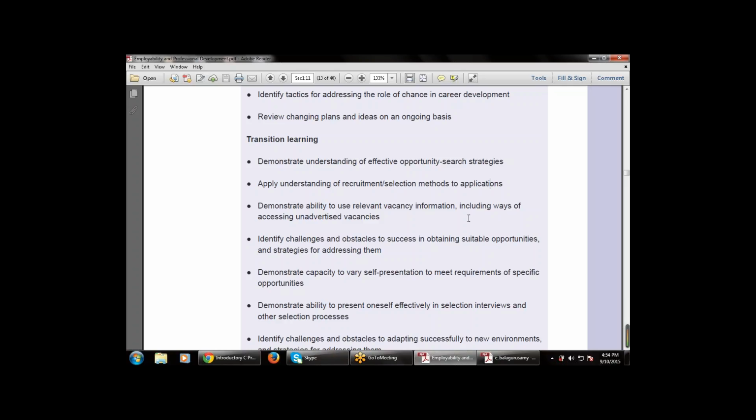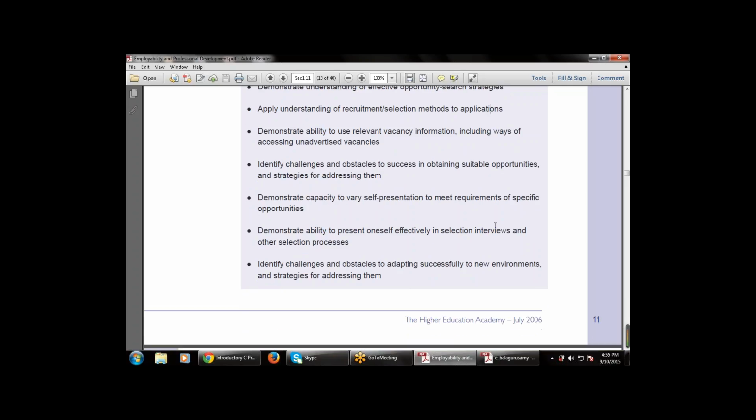Then next is to identify the challenges. That is, what are the various challenges and obstacles, what are the various hindrances to adapting successfully to a challenging task, to the new environment, to the new criteria, and the strategies for addressing them.